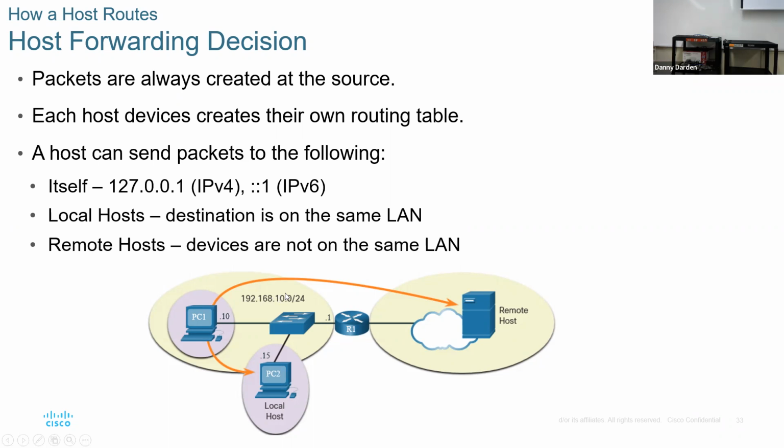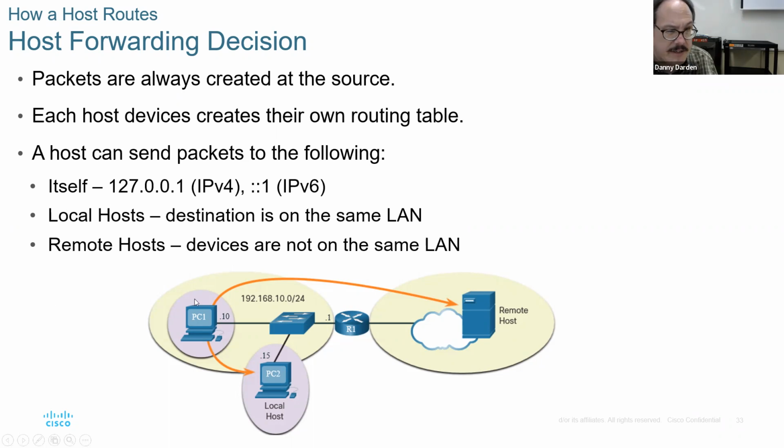In this case, that 24 denotes that of my 32-bit IP address, 24 bits signify the network side of the equation, and the other 8 bits signify the host portion.